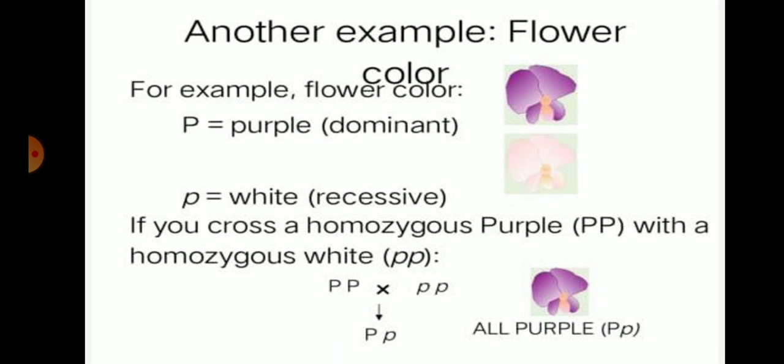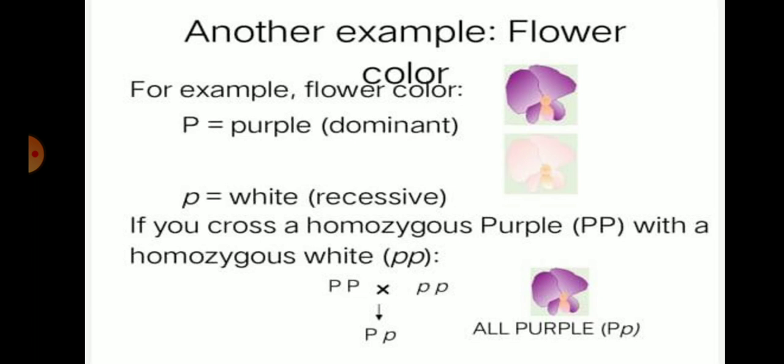So let's see another example of this monohybrid cross, for flower color. For example, the parental plants: one is purple, which has the dominant characteristic of this flower, and one is white, which is recessive in nature.